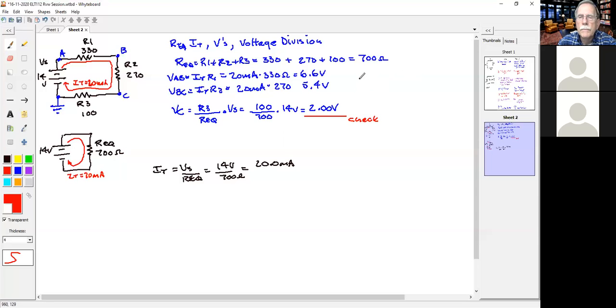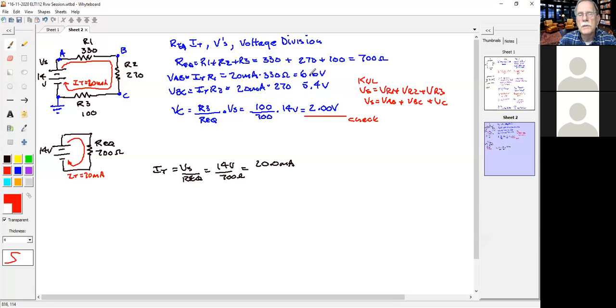And we can do a quick check. KVL says VS should be equal to VR1 plus VR2 plus VR3. I'll just do it right over here. We actually could have written this as VAB plus VBC plus VC to ground.